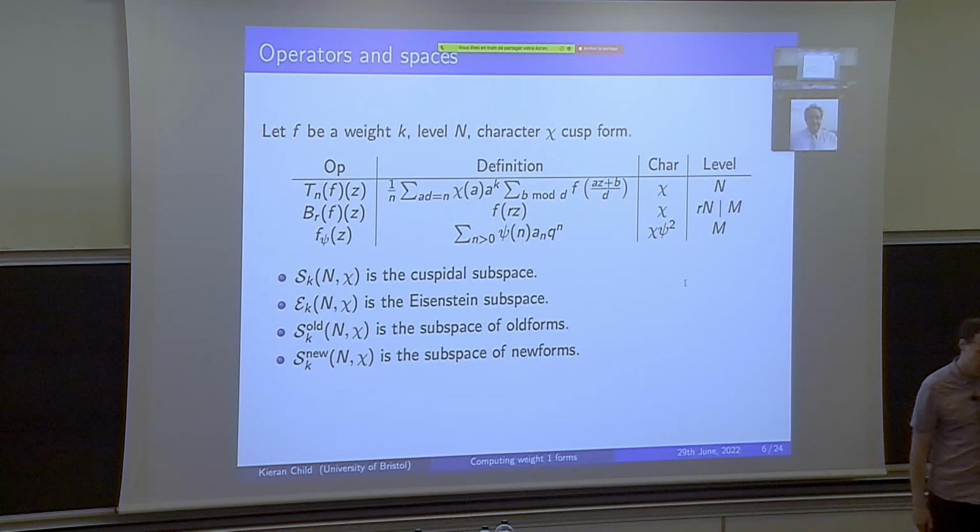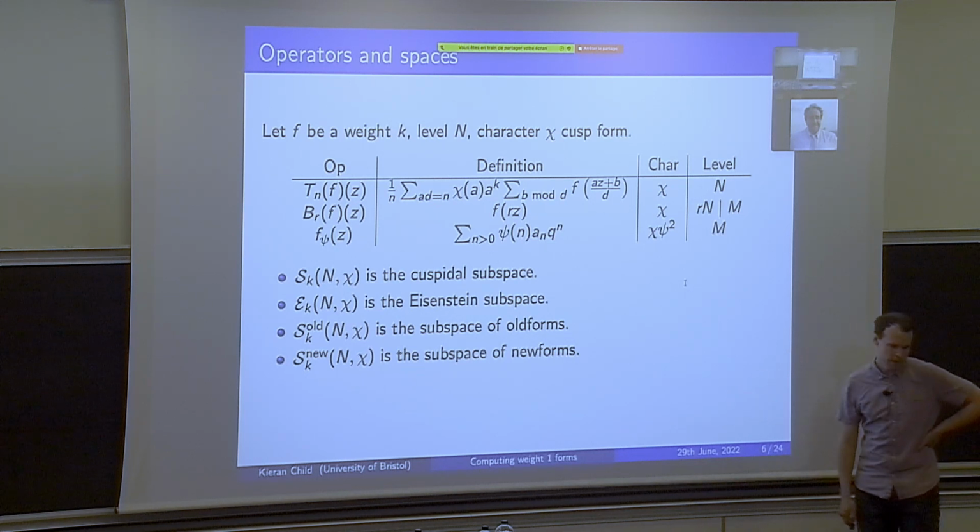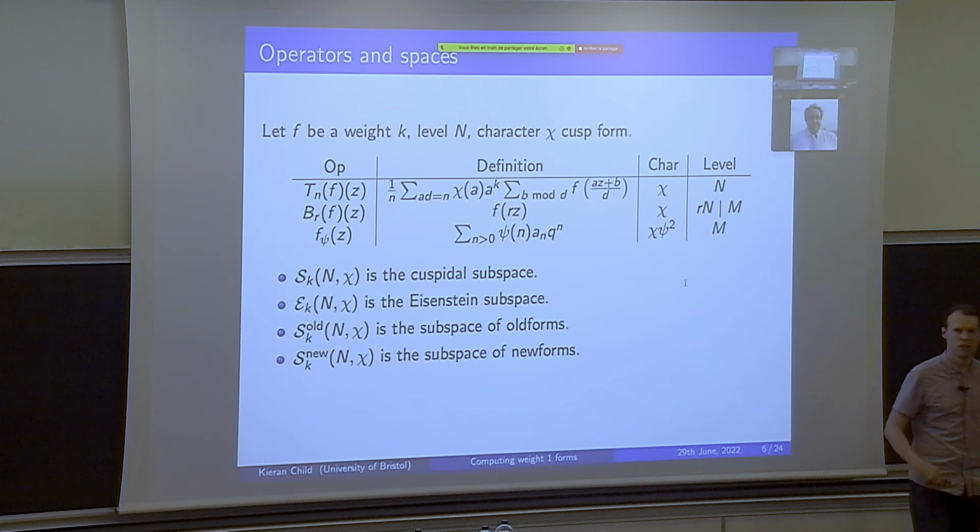And then an additional one, I'm going to do a slightly more fine-grained decomposition than you may be familiar with, is that we can further decompose these spaces of new forms into twists from twist minimal spaces. So just like if you're working level 25 and you want to know the cusp forms, you don't want to know all the forms from level 5 again.